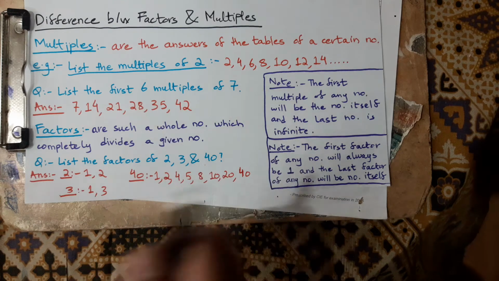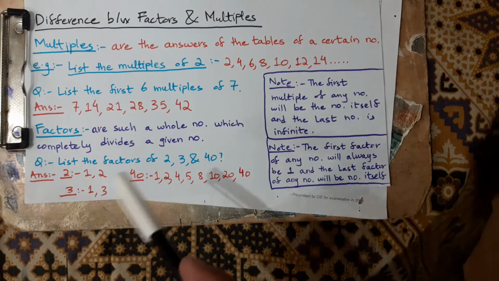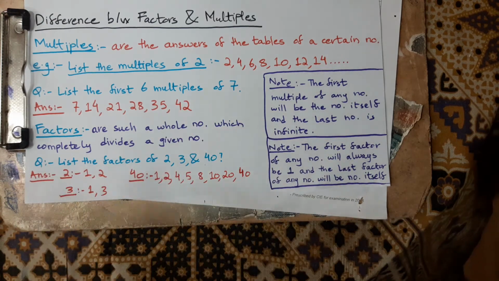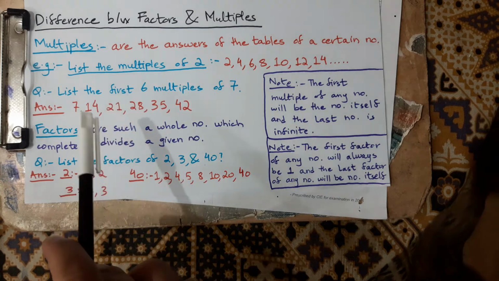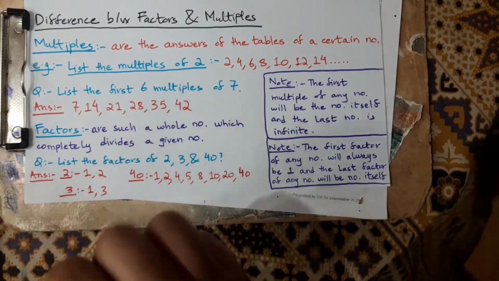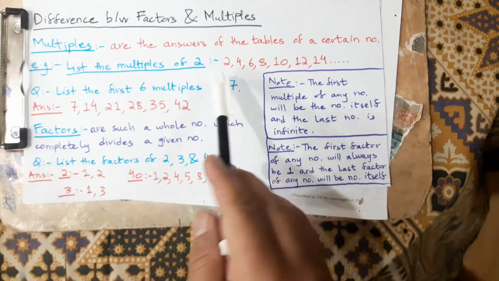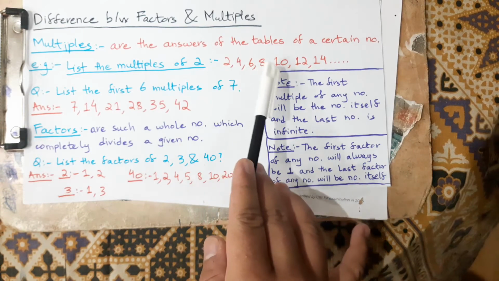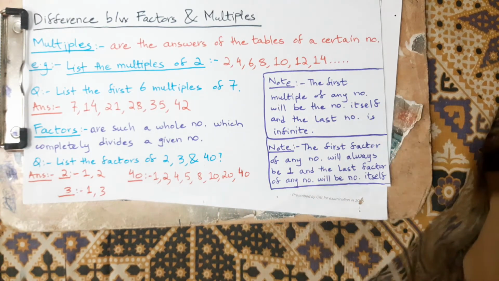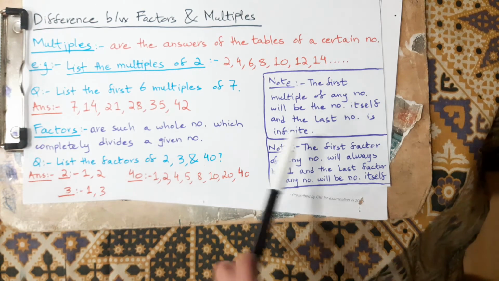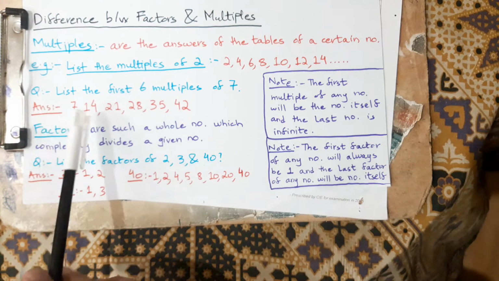Like for example, if you are asked to list down the multiples of 2, then you have to consider those numbers which come in the table of 2. What are the multiples of 2? They are 2, 4, 6, 8, 10, 12, 14, 16, 18, 20, 22, 24, 26, 28, 30, 32, and onwards.